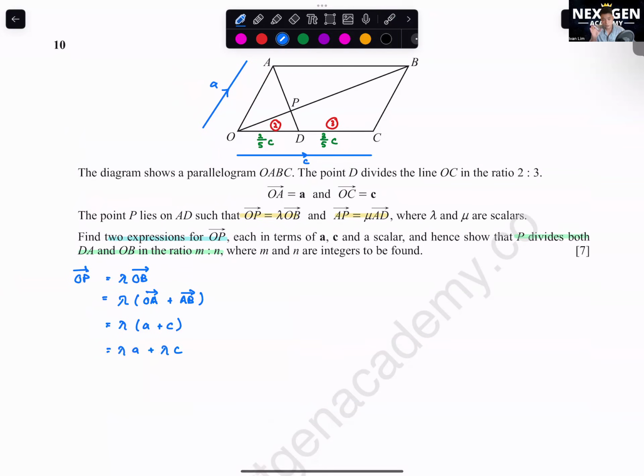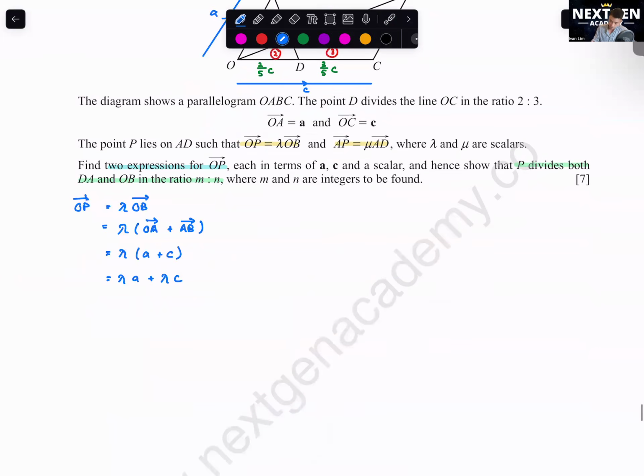Normally, A and C are not unknowns. A and C are the vectors. Lambda and mu are the unknowns that we want to find. They are scalars. Scalar means a value that we want to find. So normally we put the vector at the back. Try not to write it as A lambda. It's not the proper way to present it.